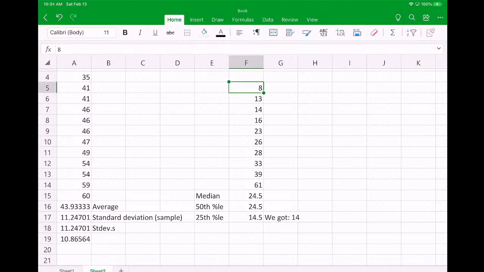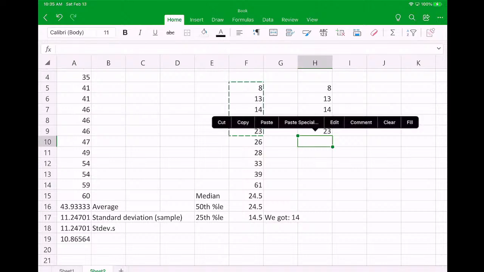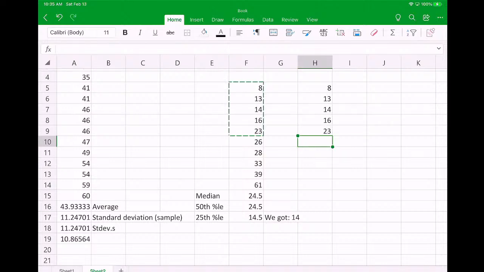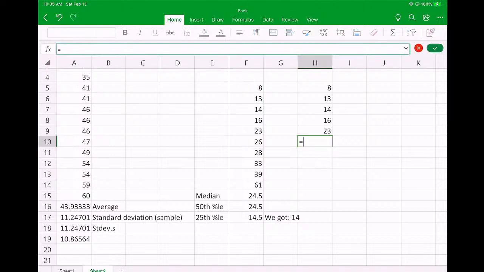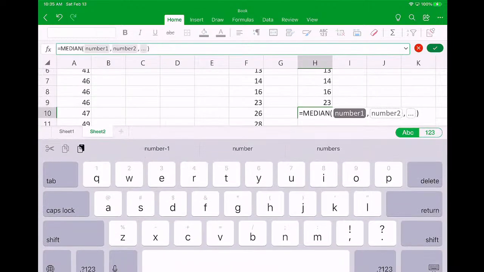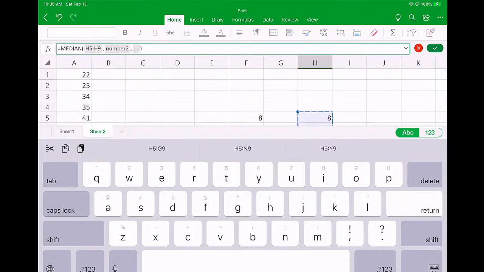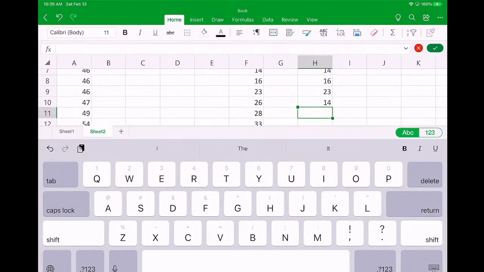So if you took this data here for the first half, it should work. Genius.